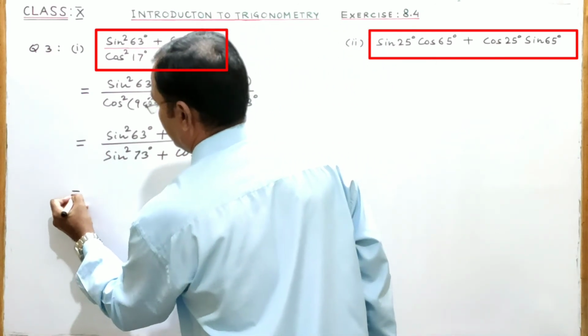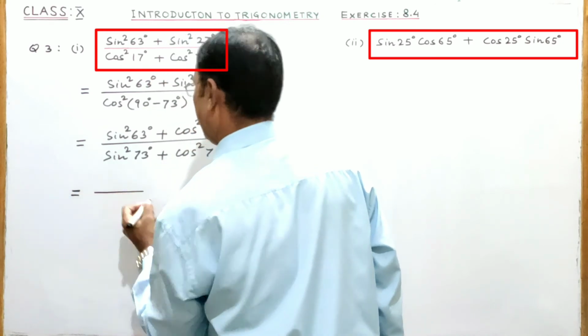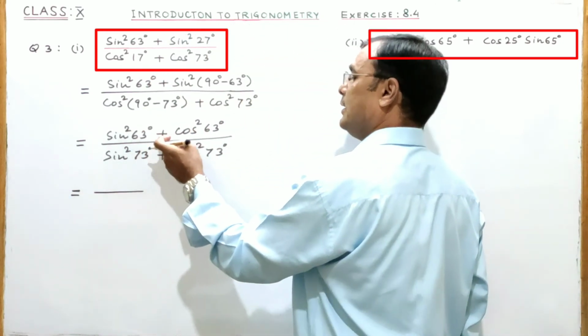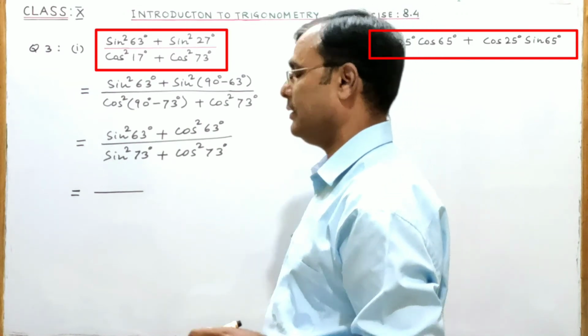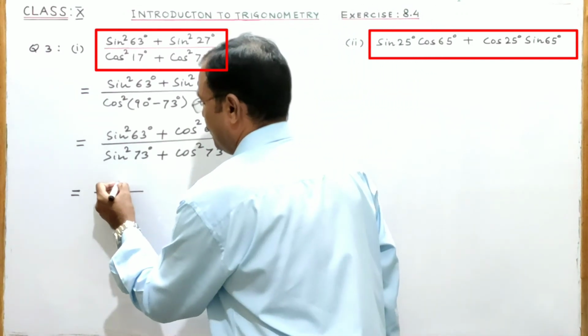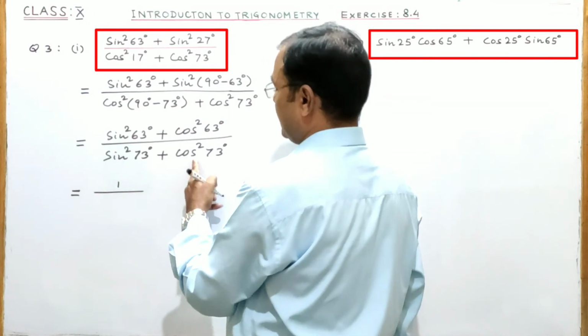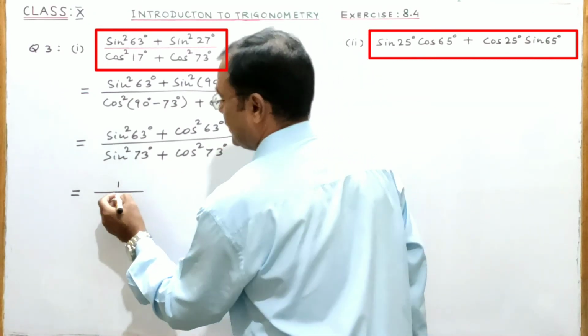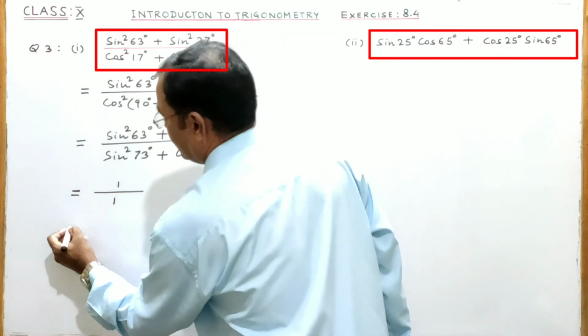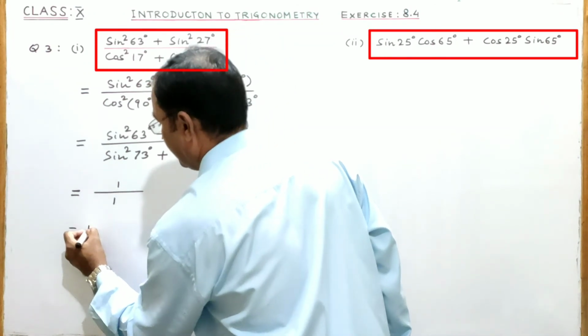This is equal to sine square 63 degrees plus cos square 63 degrees equal to 1. Sine square 73 degrees plus cos square 73 degrees equal to 1. So finally value is 1.